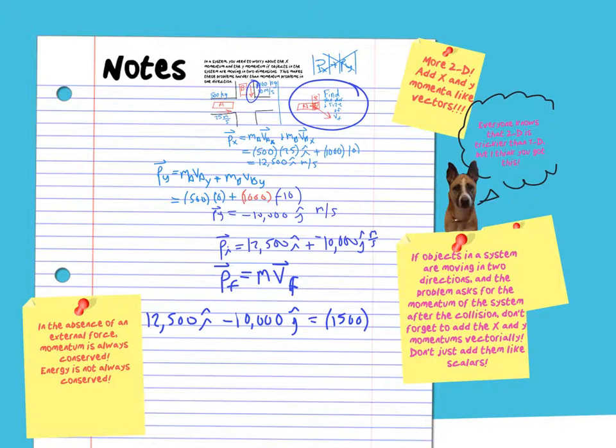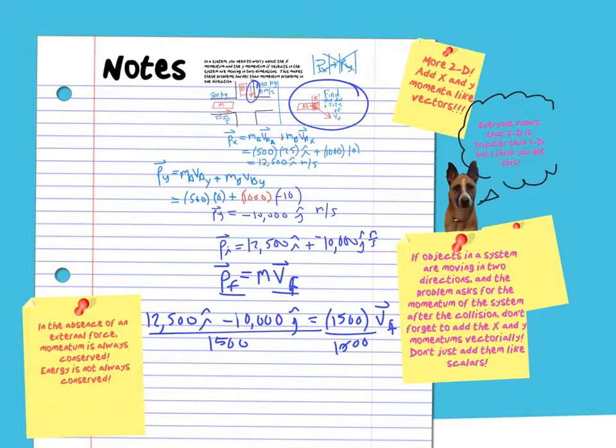And so we need to find out what the final velocity would be. All right, well, we know that the final velocity is going to be in the same direction as the final momentum. And so why don't we just divide both by 1,500.